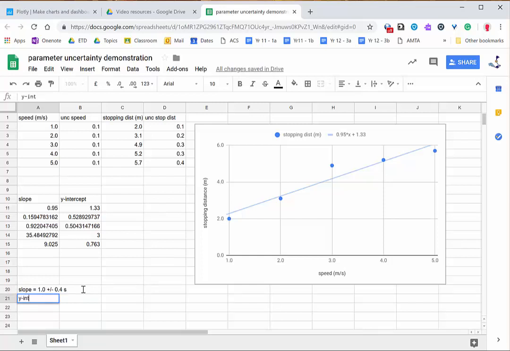Let's do the same with the y-intercept. Our y-intercept equals 1.33 plus or minus twice its standard error, which is 1.06, and the units of that are meters. But of course I'm going to take this right back to one significant figure.